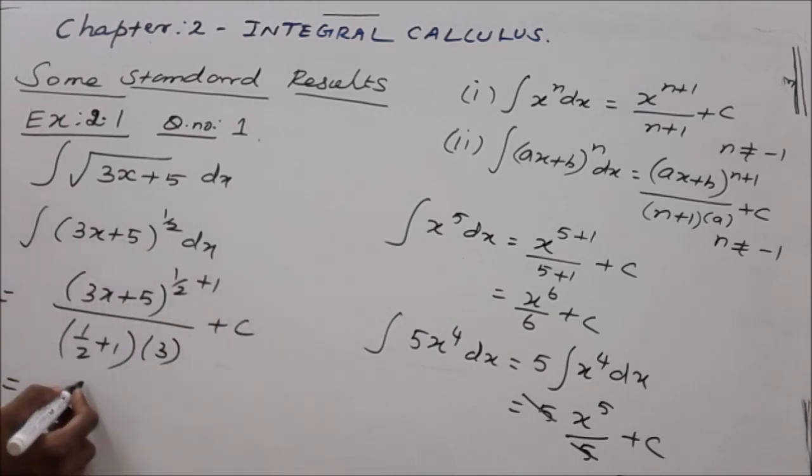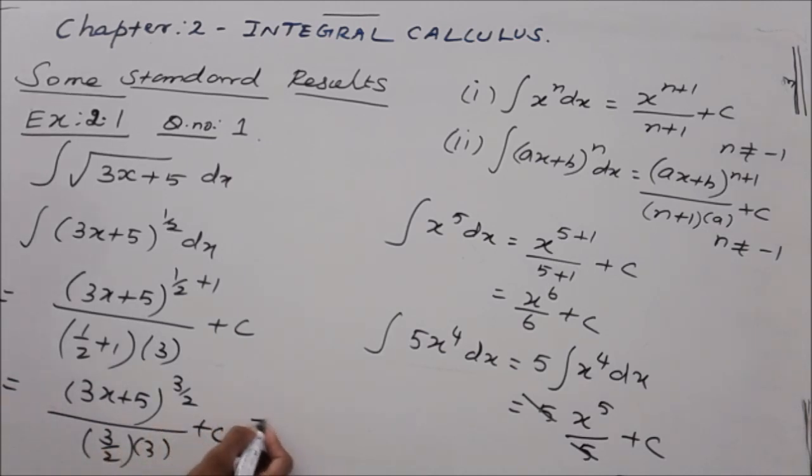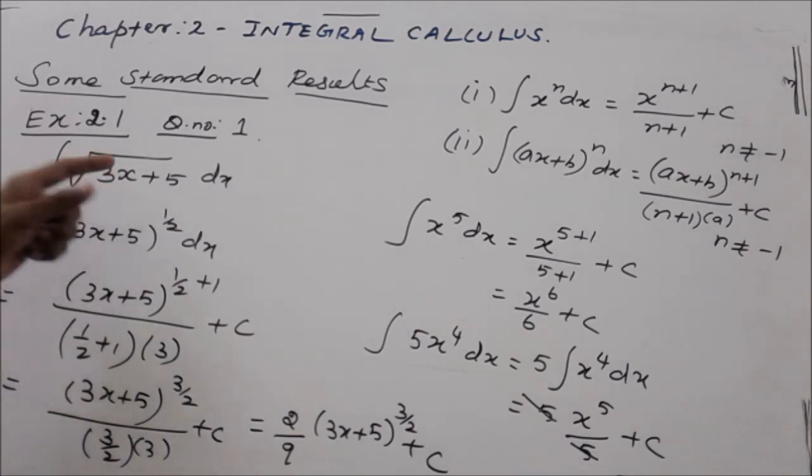Simplifying this, 3x plus 5 whole power 3 by 2 divided by 3 by 2 into 3, plus c, which is equal to, now this is 9 by 2, so in the numerator it is 2 by 9, 3x plus 5 whole power 3 by 2 plus c, which is the integral value of root of 3x plus 5.